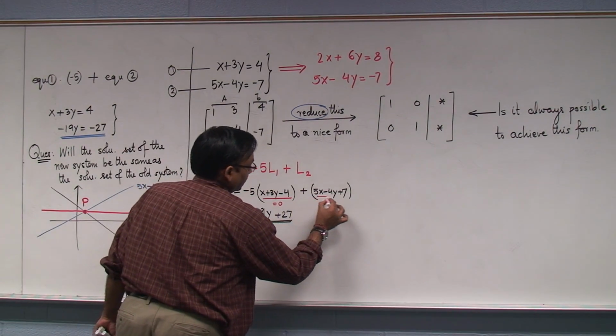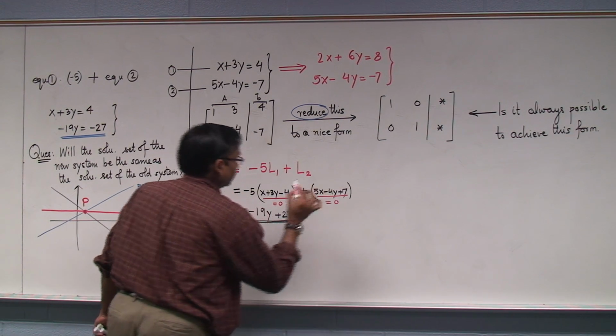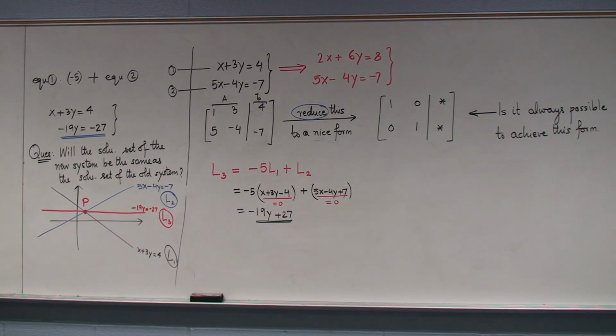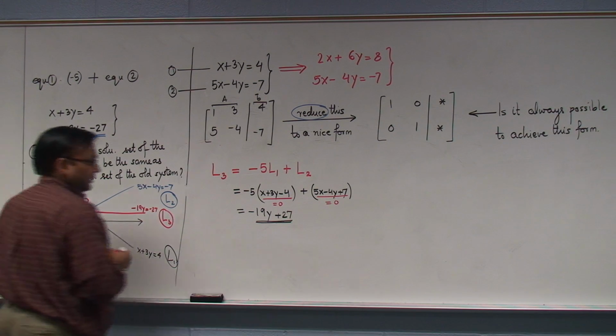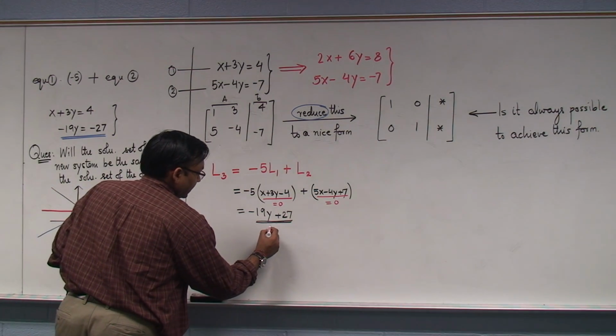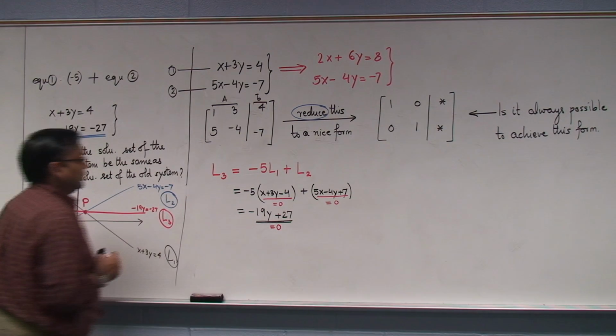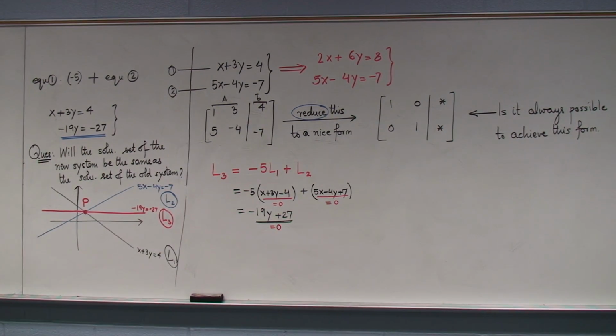Likewise, if I plug in the coordinates of P in there, this will also give me a 0, because the point P lies on both lines L1 and L2, which means those two expressions are 0 at P. So can we say that at P, the value of that expression will also turn out to be 0, hence the point P lies on line L3?